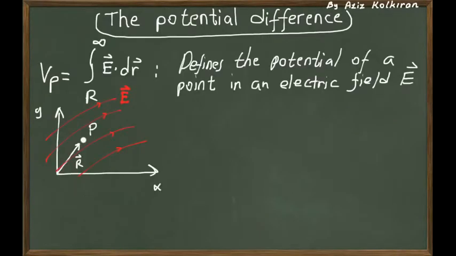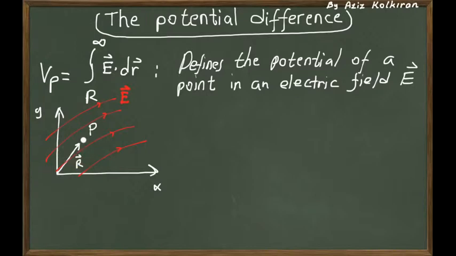So the next question is, suppose you don't have a charge in one region of space, but instead you have a non-zero electric field, right? And you put a coordinate system, and you want to find the potential of any point P, which is located r distance away from the origin of this coordinate system.